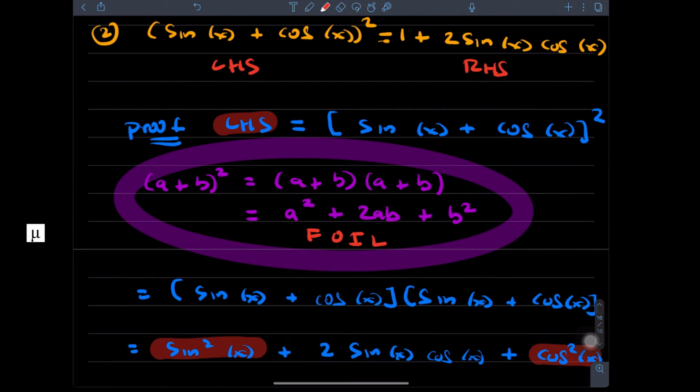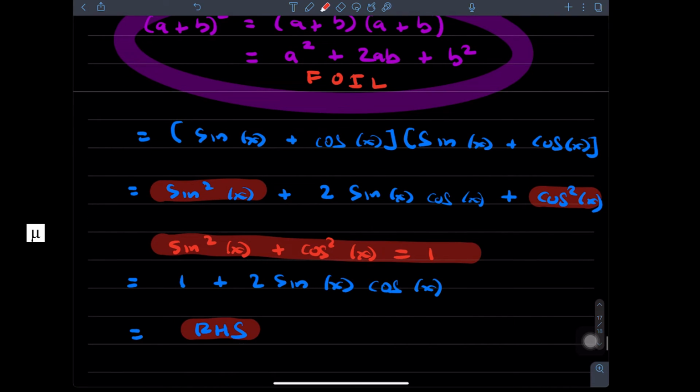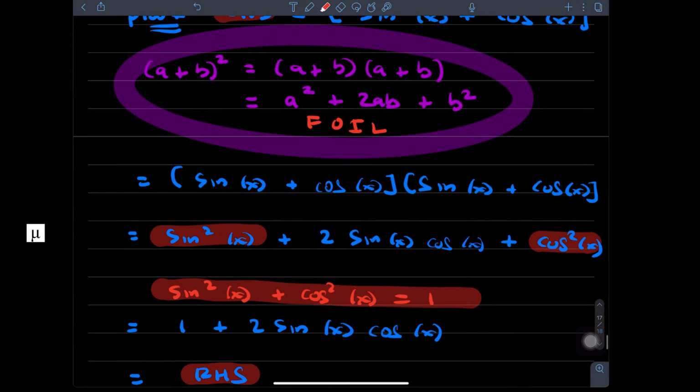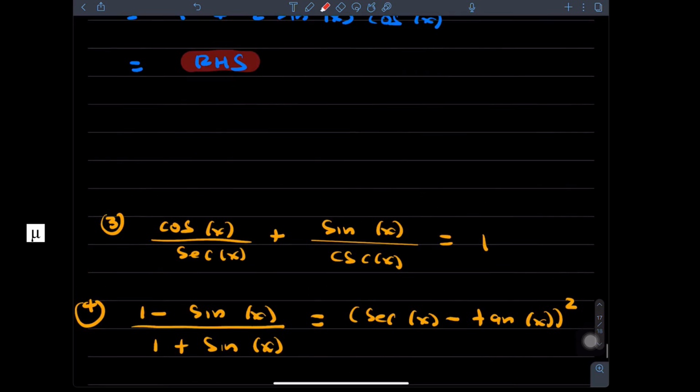Left-hand side equals right-hand side. Okay, what do you guys think?